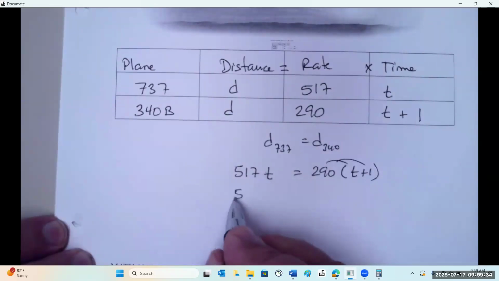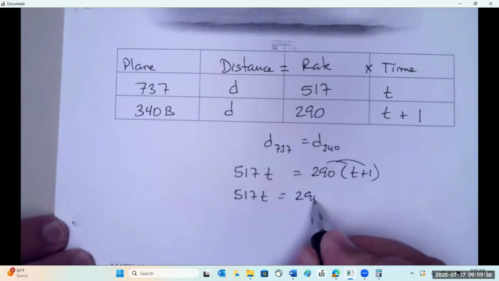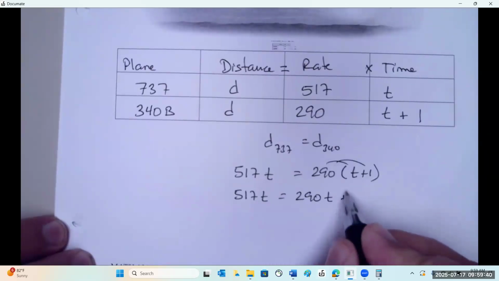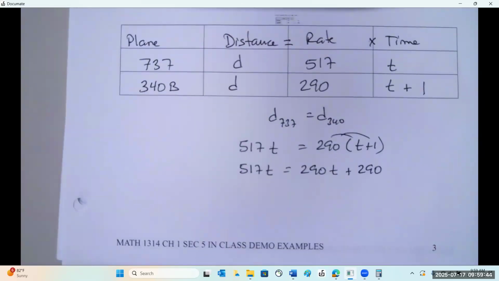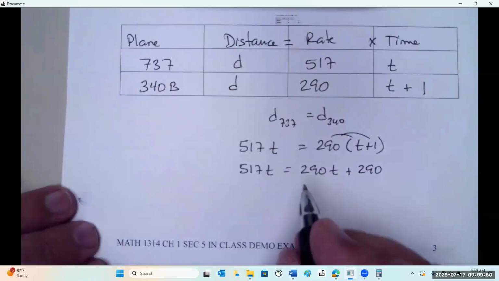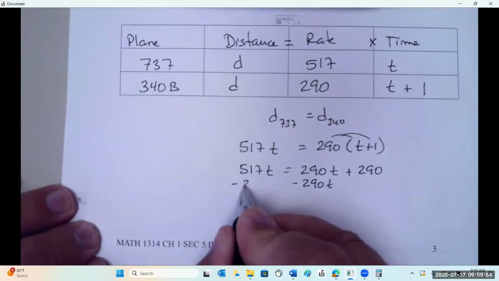Distribute, so we get 517t equals 290t plus 290. We have to solve for t. So we subtract 290t from both sides. We have to get them all to one side.